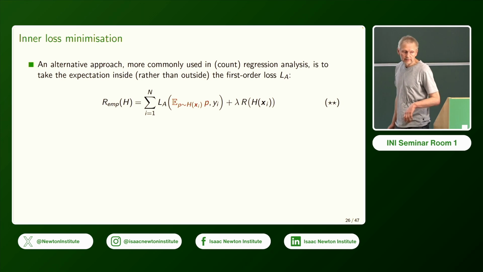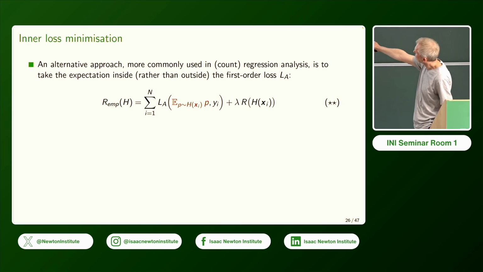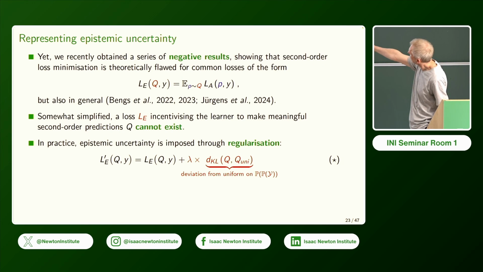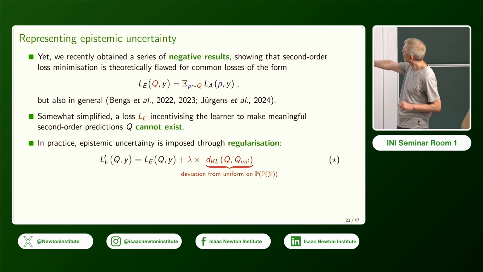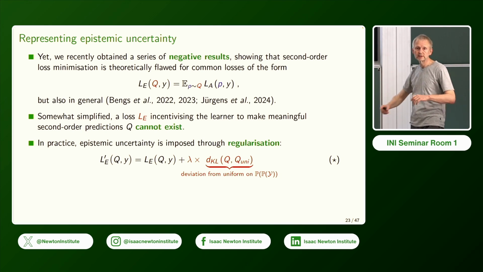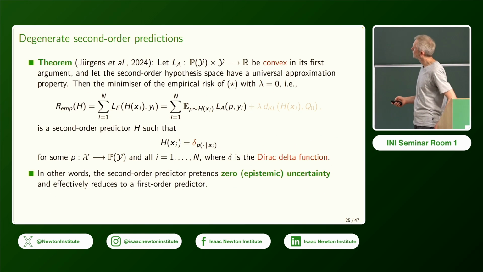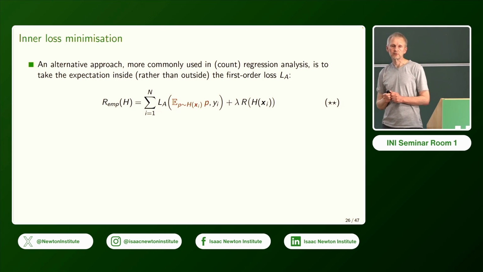Okay, so quickly one other result on a slightly different method. Here you remember we lift a first order loss to a second order loss by taking an expectation, and the expectation is outside the loss. There has been an alternative proposal in the literature where you take the expectation inside, so you move it inside the first order loss.